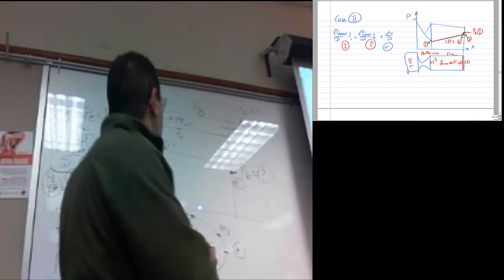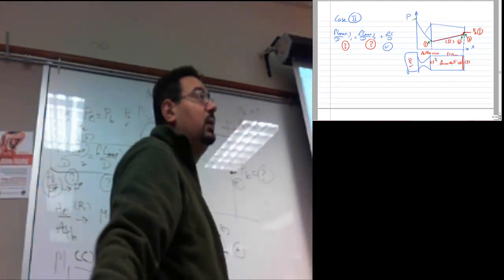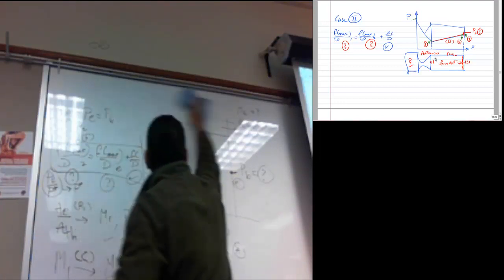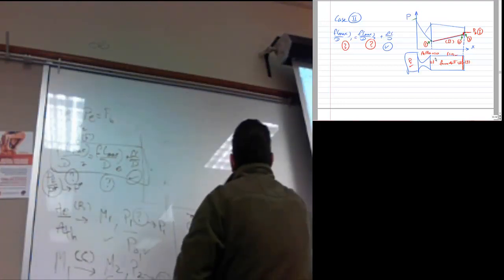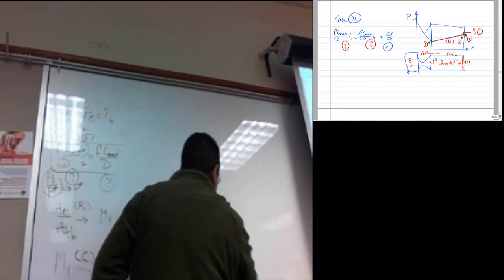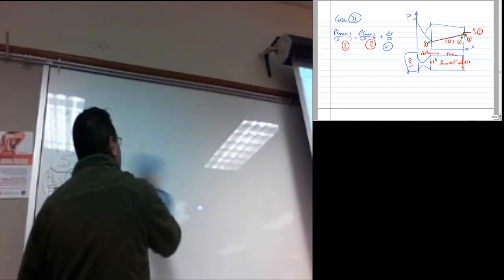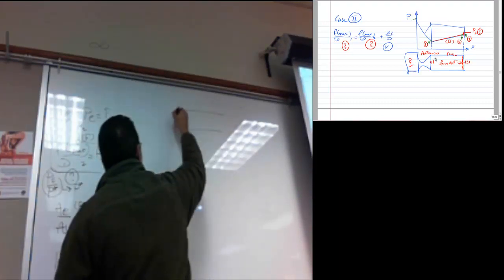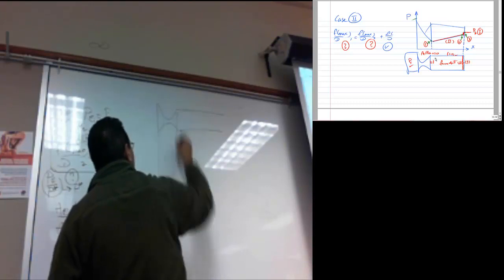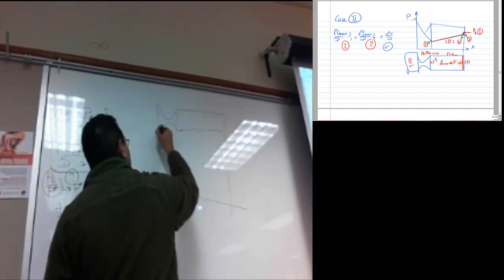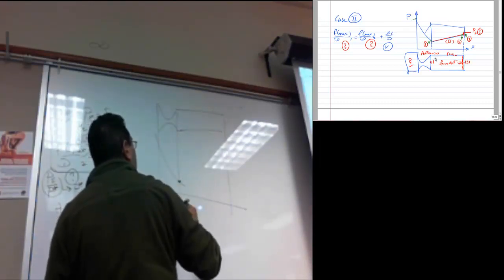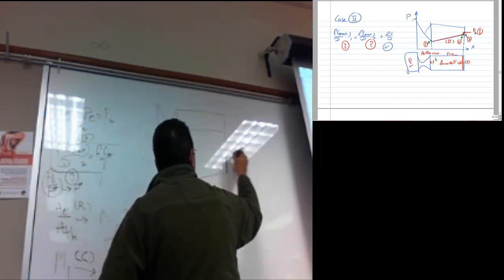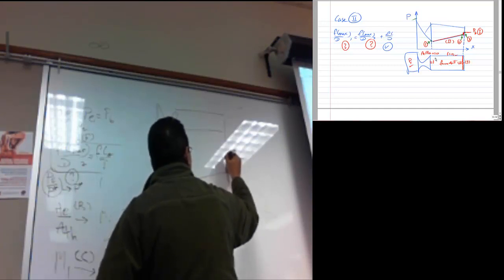So this is the other extreme, a shock at the end of the duct. Supersonic expansion, right? But then the supersonic flow keeps going until the end where you have a normal shock standing over here.